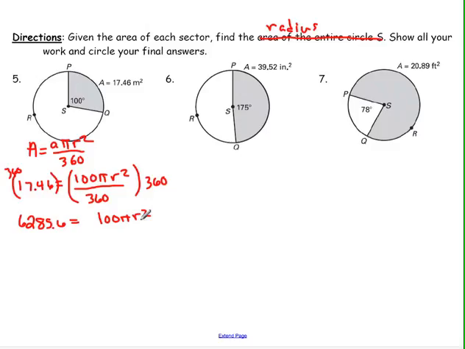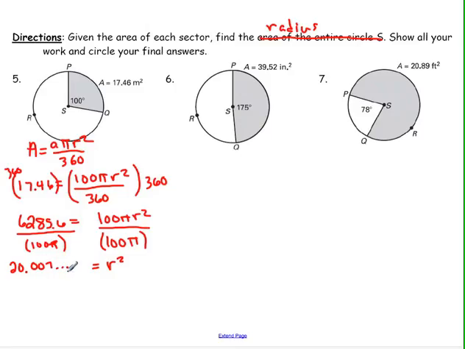At that point, the 100 and the pi are multiplied by the r squared, so I'm going to divide both sides by 100 pi. I'm going to put that in parentheses just so I remember to divide by both those numbers. Some calculators will pick that up and some will need the parentheses, otherwise they'll give you a really crazy number. This gives me that r squared equals right about 20. So if I was to write this out, this is 20.007, and there's a whole bunch of digits after that.